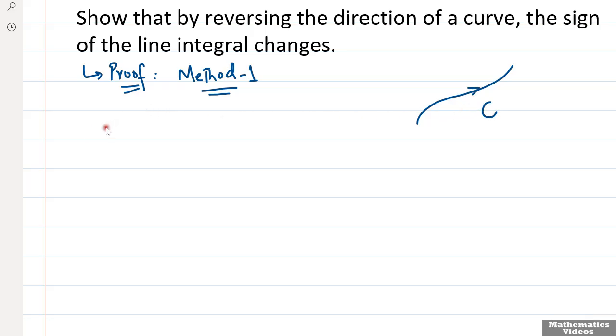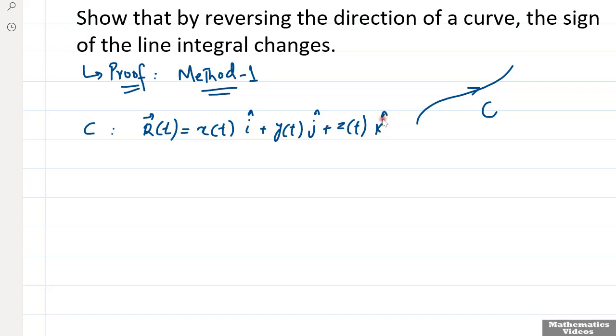Okay, and suppose that this curve C is parametrically given by r of t equal to x of t i unit vector plus y of t j unit vector plus z of t k unit vector, where the parameter t varies from a to b.